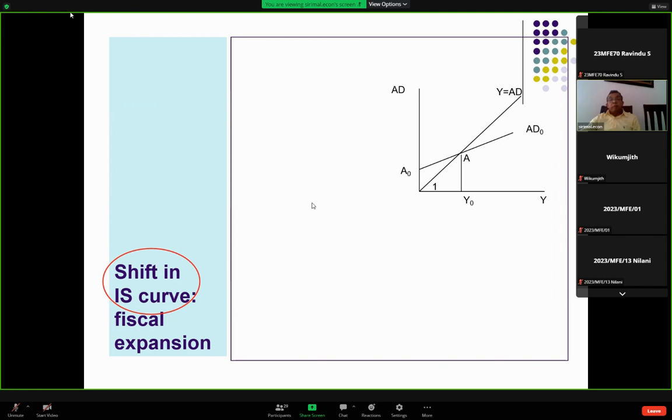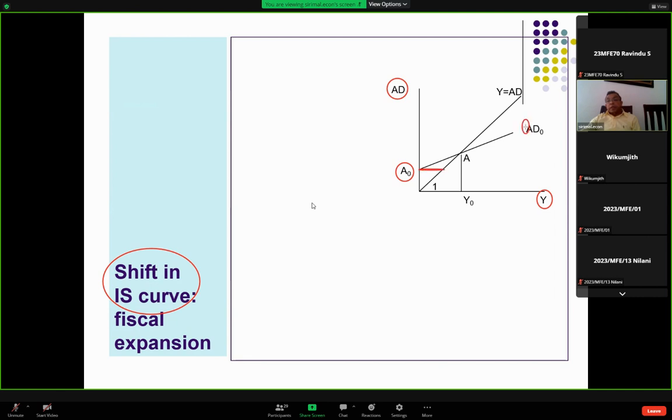So I hope you all remember this graph: aggregate demand on the vertical axis, output on the horizontal axis, and this is the aggregate demand function, which gives us here the position, the vertical intercept, and then the gradient is not mentioned here, but the gradient should be here.